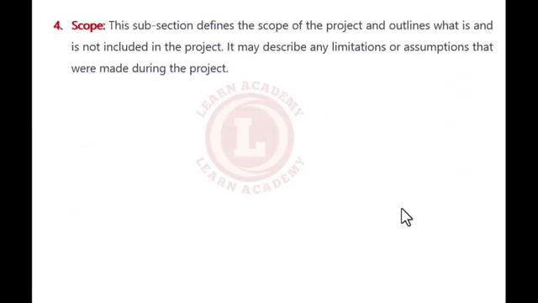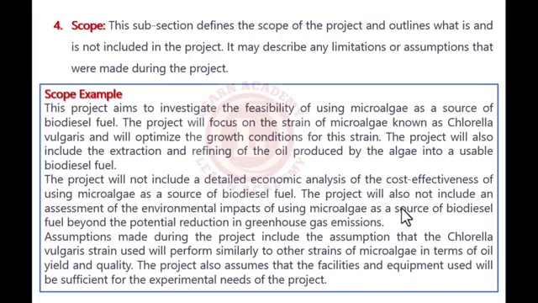So the next subsection under introduction is scope. This subsection defines the scope of the project and outlines what is and is not included in the project. For example, look at an example of scope.